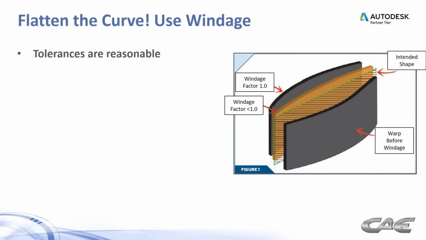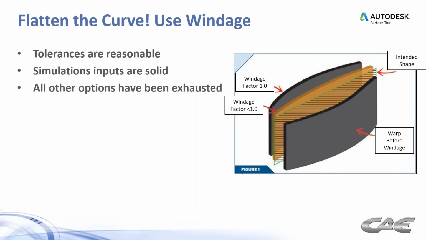So you're essentially manufacturing the mold in a shape that is different than the design of the part. You can do this when tolerances are reasonable, simulation inputs are solid, and we've talked about how important that is.